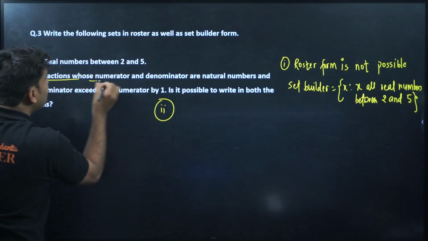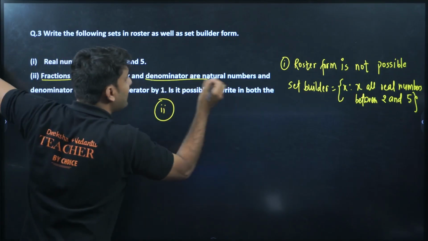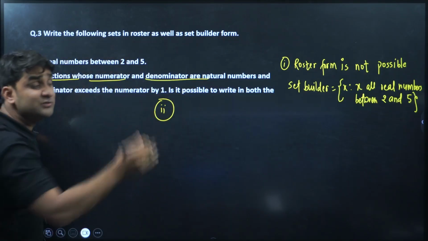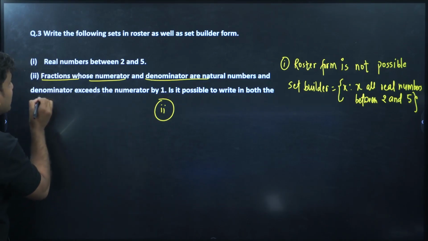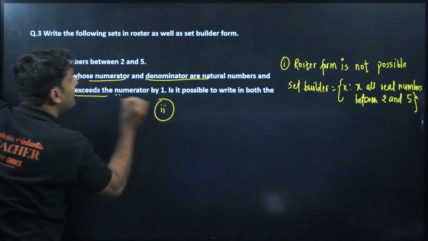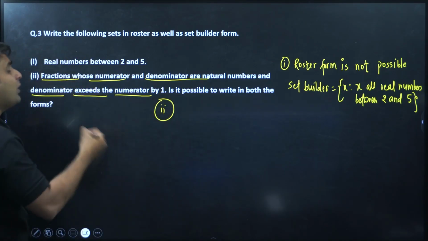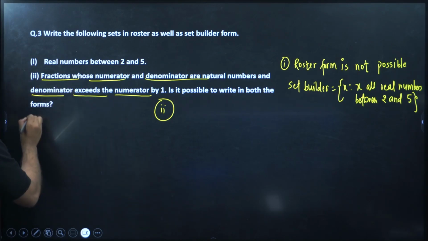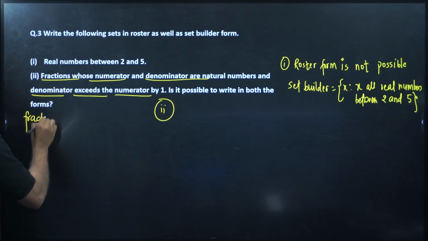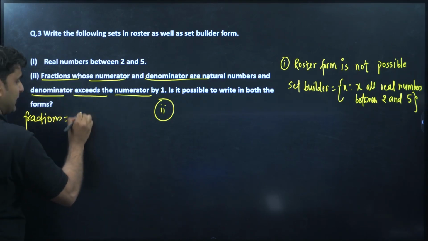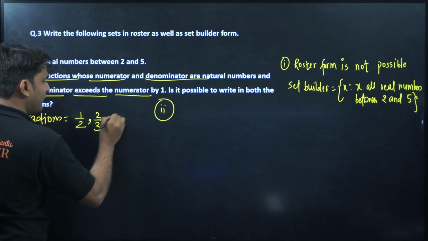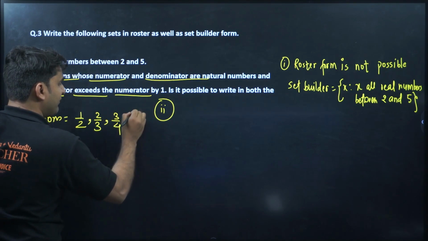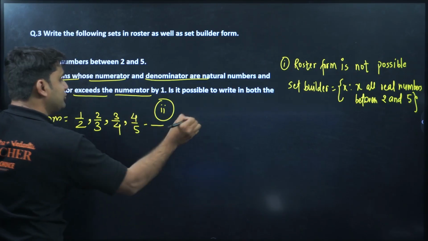Fractions whose numerator and denominator are natural numbers. Natural numbers means 1, 2, 3, 4, 5, 6. But there is a condition: the denominator exceeds the numerator by 1. So how will the fractions look? The first will be 1 by 2, second 2 by 3, third 3 by 4, fourth 4 by 5, and so on.